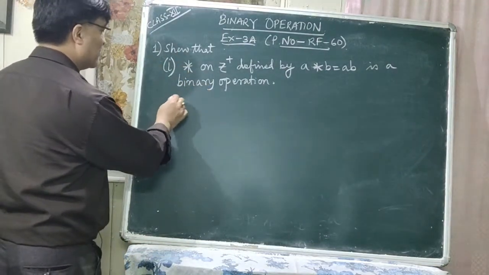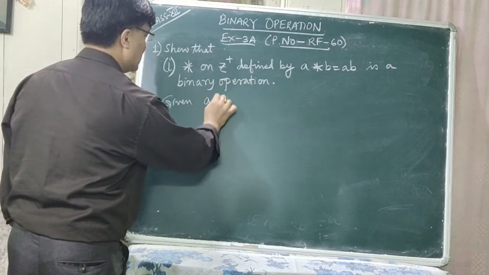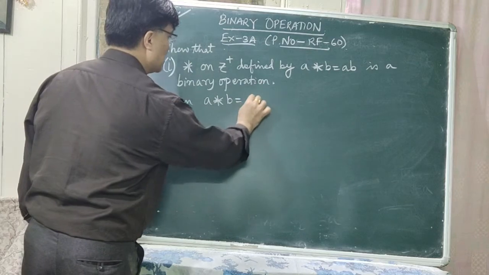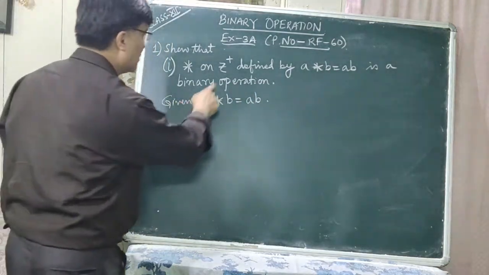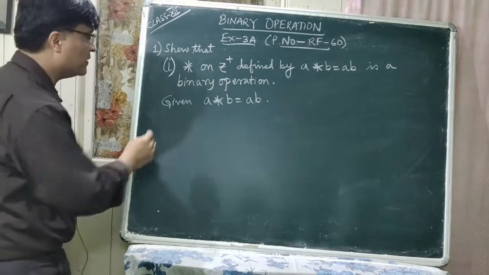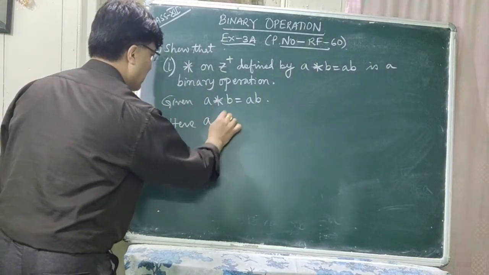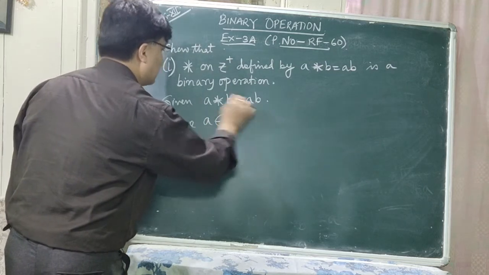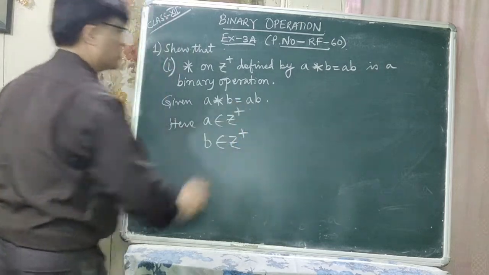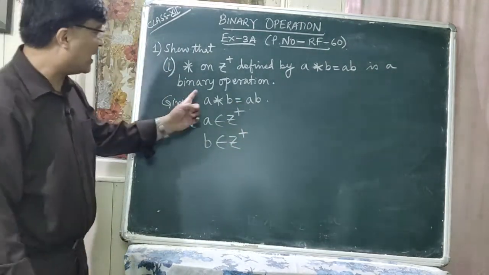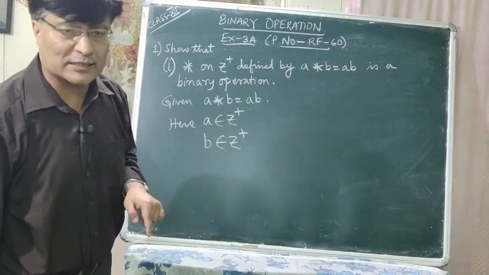So now here it is given A star B is equal to AB. That means this A belongs to the set of positive integers. So here A belongs to Z plus and also B belongs to Z plus. So this A star B is equal to AB also belongs to Z plus, isn't it?